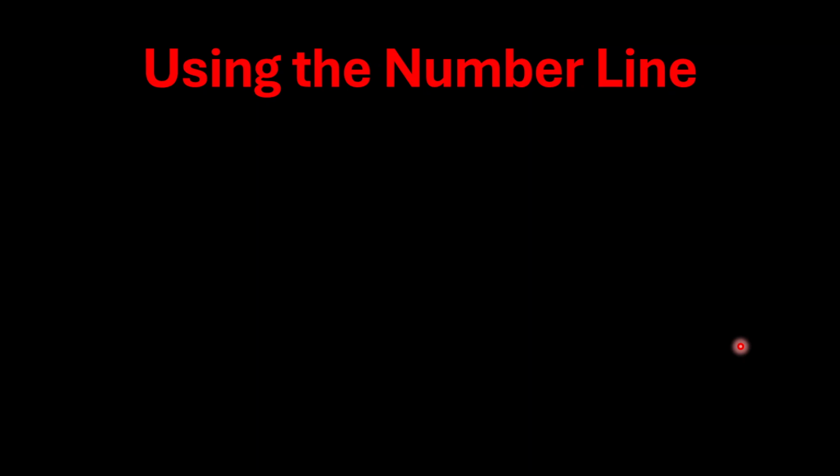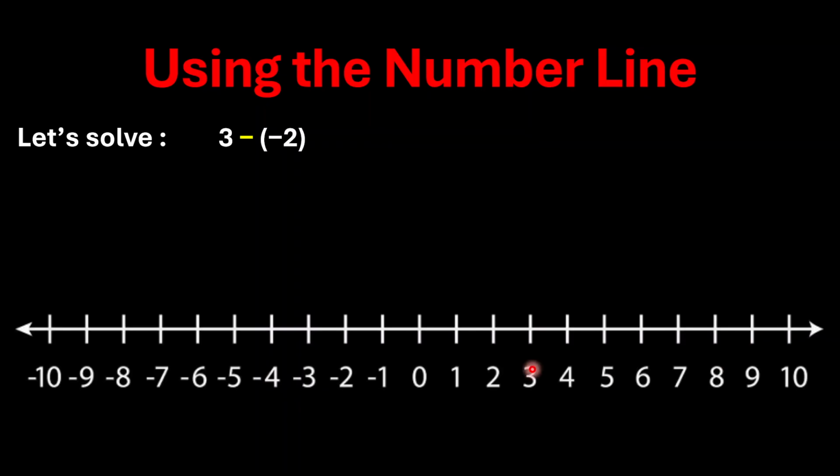Okay, now using the number line. How to subtract integers using the number line? For example, let's calculate 3 minus minus 2 using the number line. First thing, we keep the number 3. In the number line, we start at 3. We have here minus minus 2, which means two minuses make a plus.